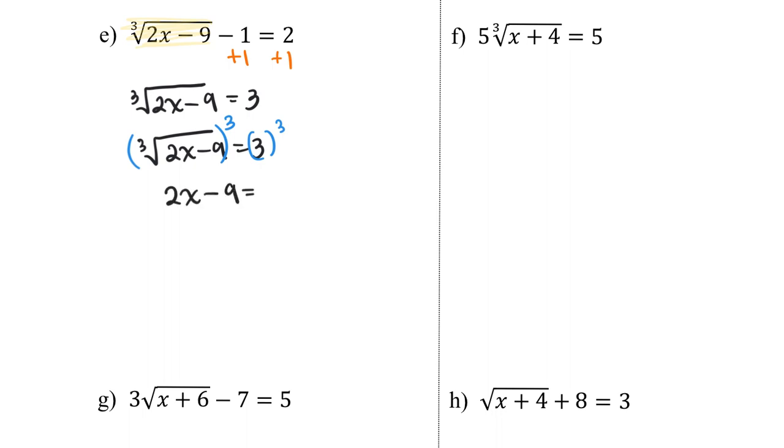What's 3 to the third? 27. Okay, let's go ahead and solve it. Let's see, if I add 9, I get 36. If I divide by 2, I get 18.